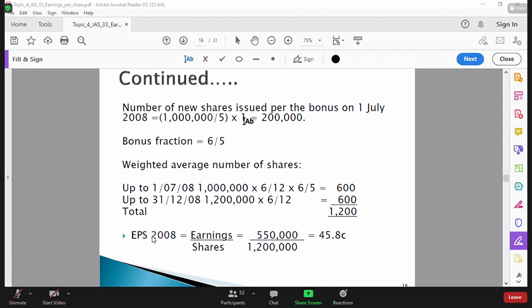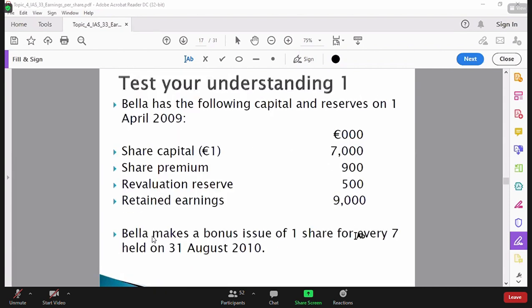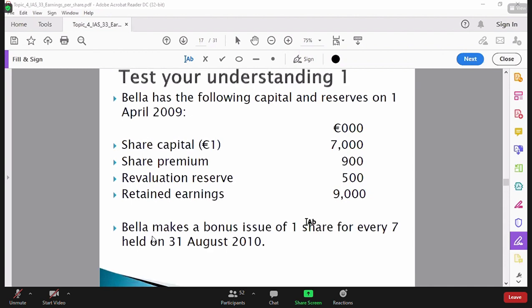If the bonus issue is 2, divide by 2. Do you understand? Because the bonus issue is 1, you multiply with 1. You get it? I'm talking about the bonus issue now.